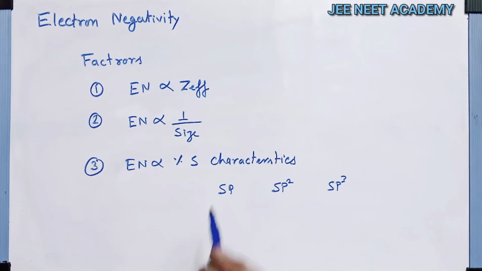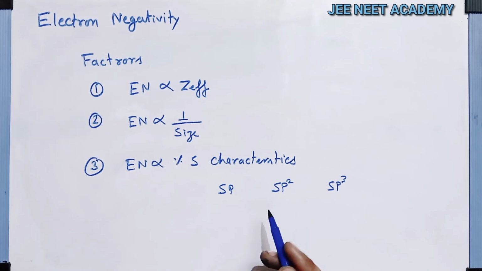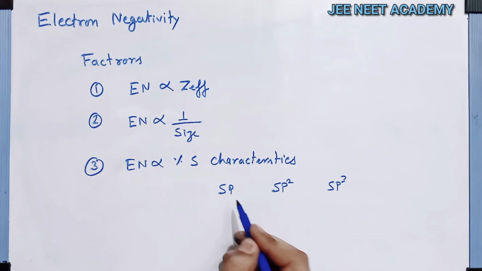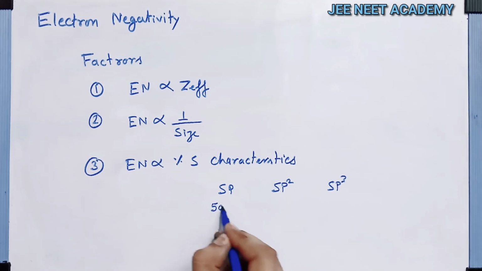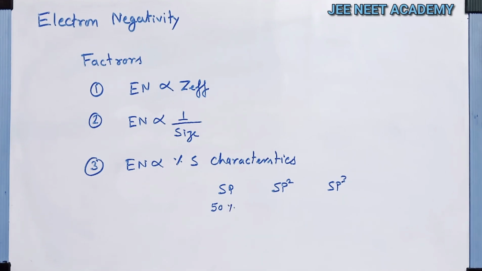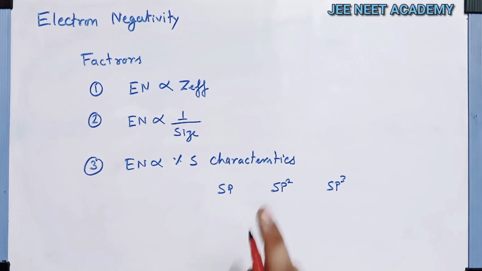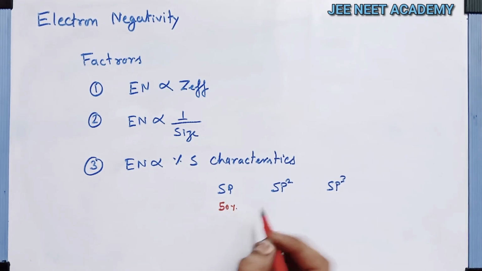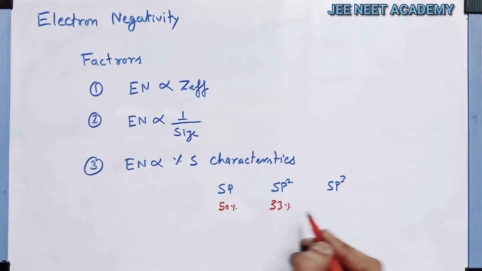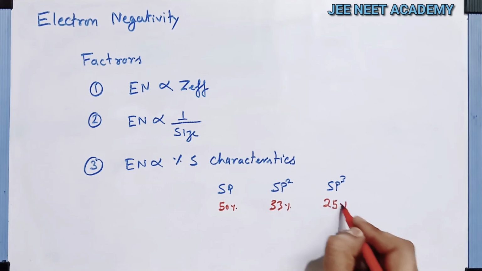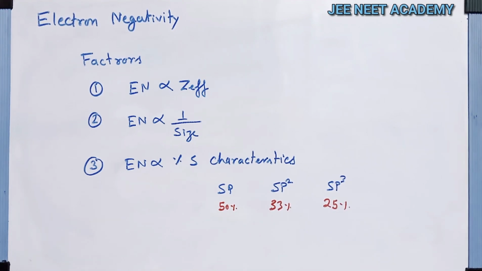Here in sp, 50% s character and 50% p character. Here 33% s character, and here 25% s character. So where the s character is more, electronegativity will be more.